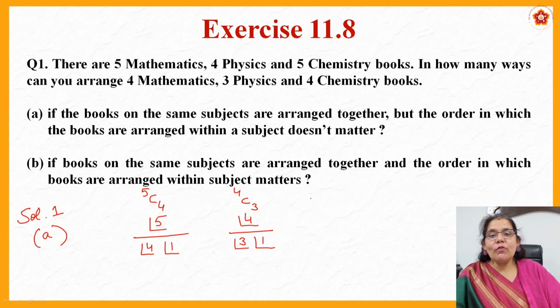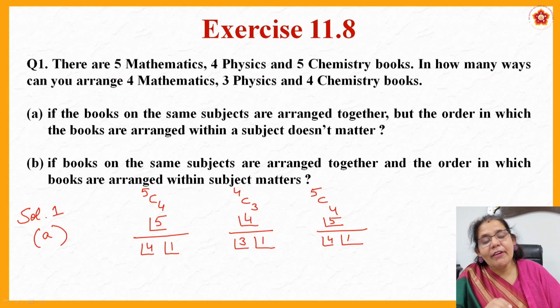Last set of books, we have got 5 chemistry books. Out of these 5 chemistry books, we have to choose 4 chemistry books, and this can be written as factorial 5 upon factorial 4, since 5 minus 4 is 1.